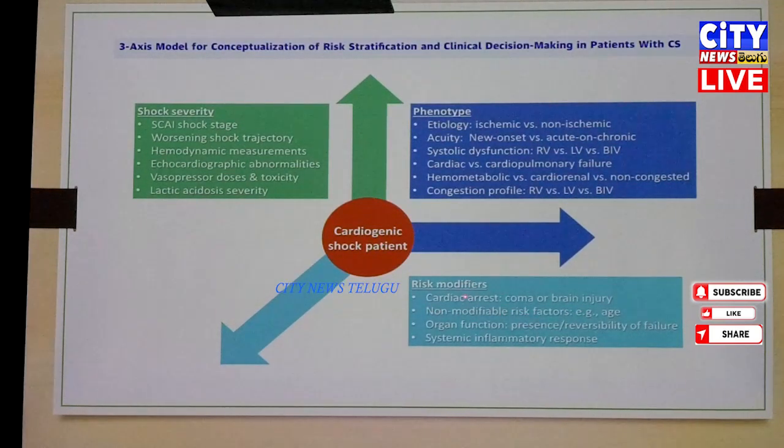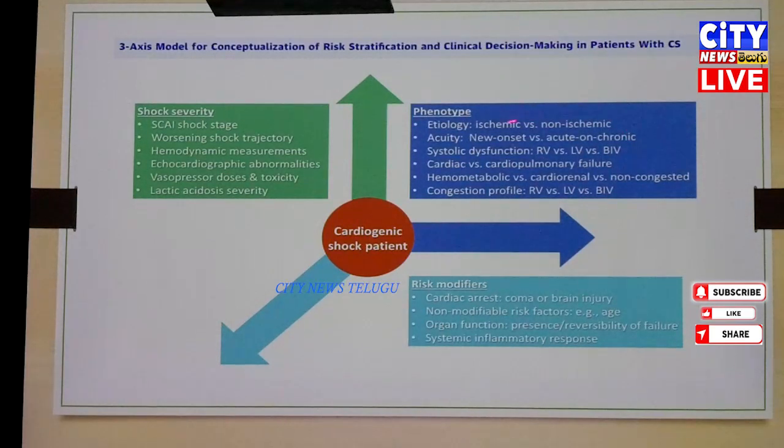If the patient is post cardiac arrest, he is a high risk patient. Similarly, if the age is high, the patient is high risk. If the patient has organ dysfunction, high risk. SIRS, high risk. These are the risk modifiers.